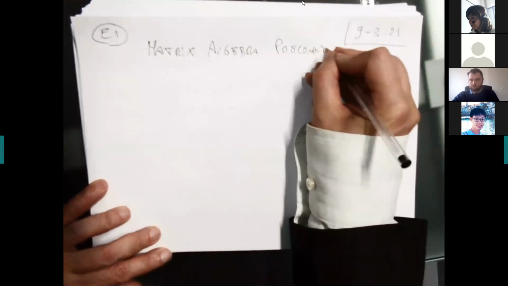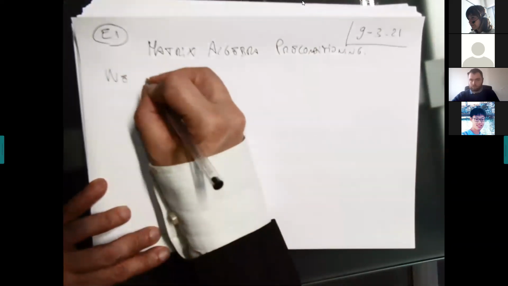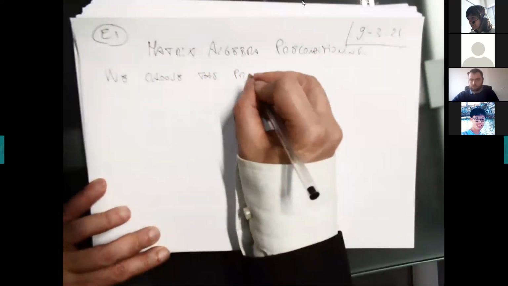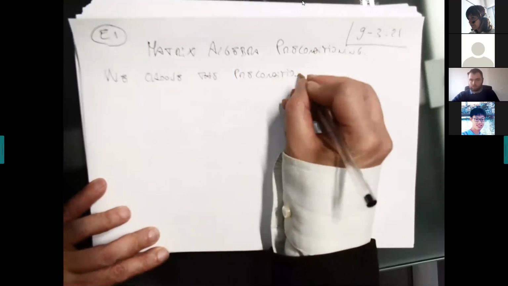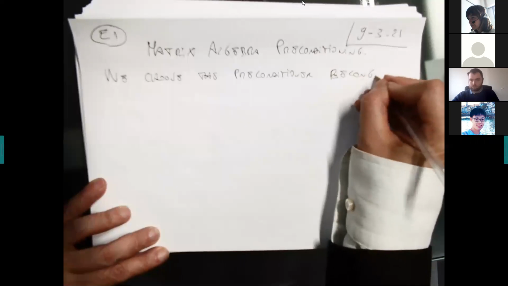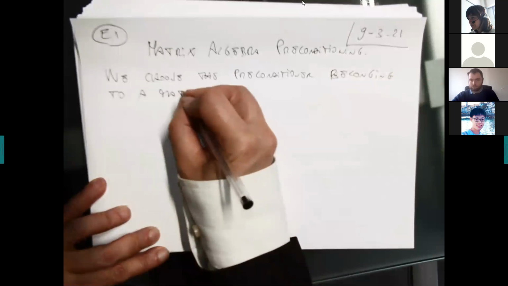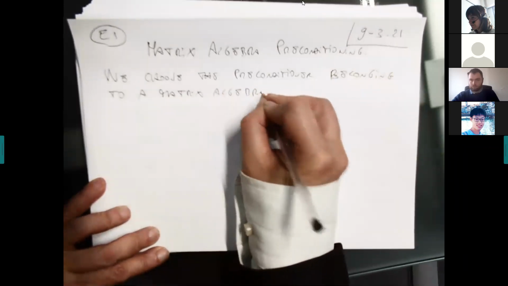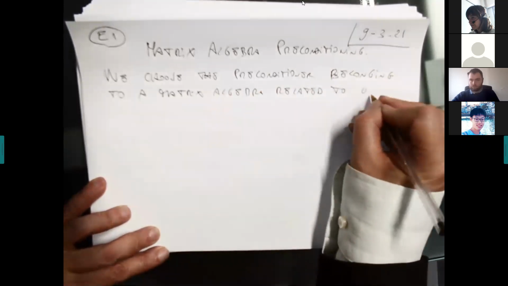So we choose the preconditioner belonging to a matrix algebra related to a unitary transform.